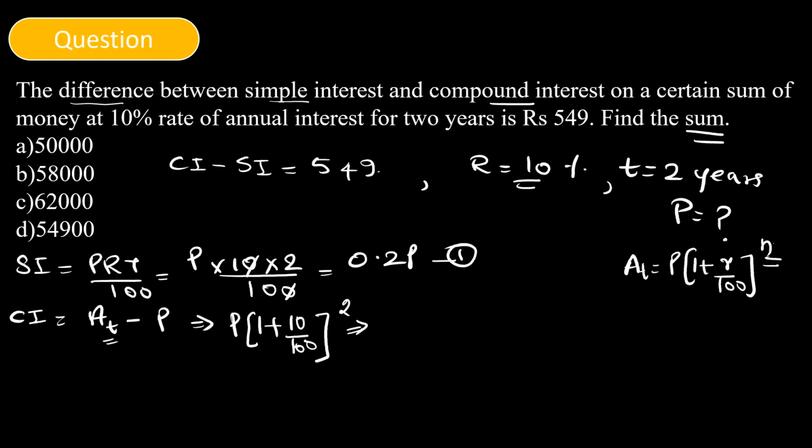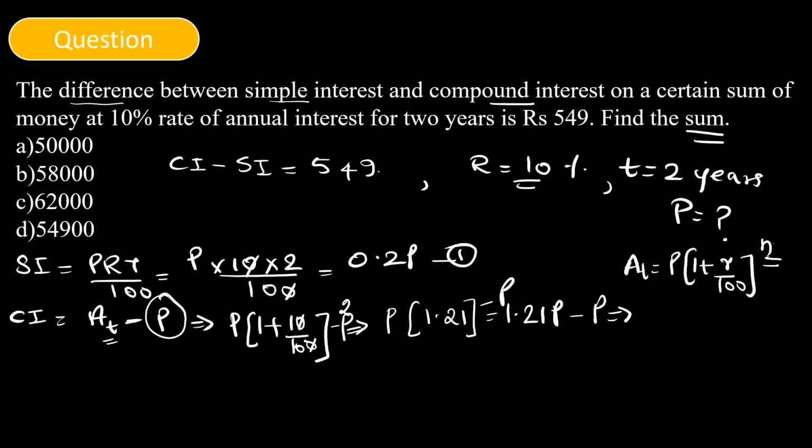So this is P into 1 plus 0.1, 1.1 whole square, which is 1.21. 1.21 P. Again here, to find the compound interest, we have to subtract P. That is 0.21 P.